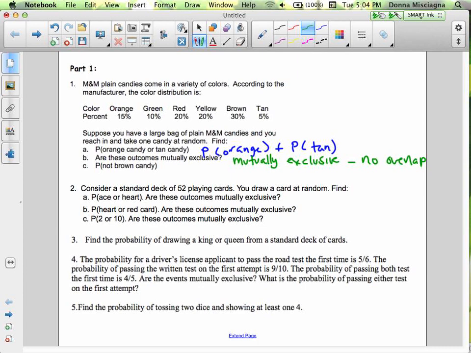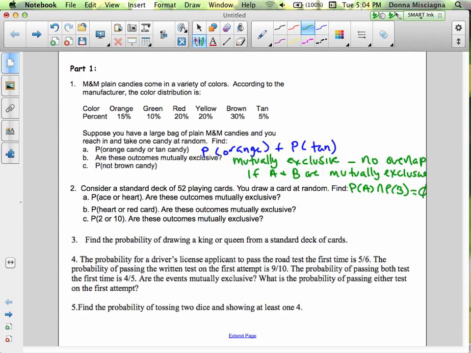Another way to think of it is, if A and B are mutually exclusive, then the probability of A and B, the things that happen in both, would be the null set.